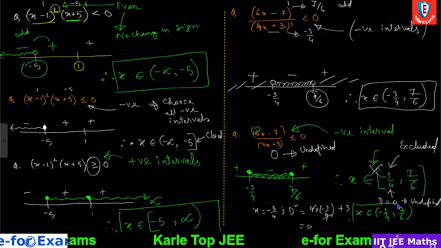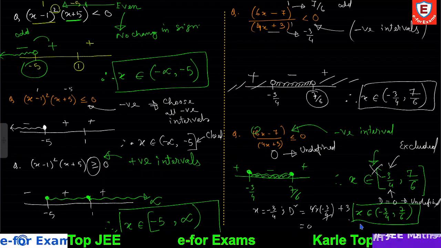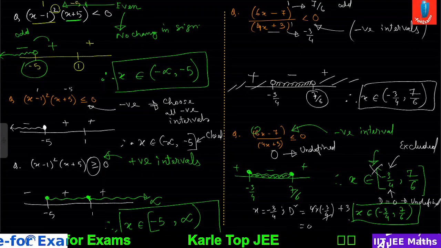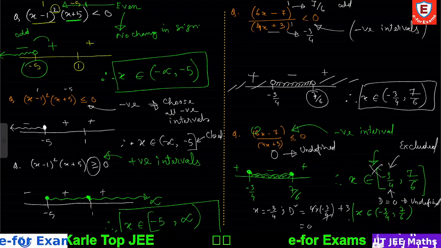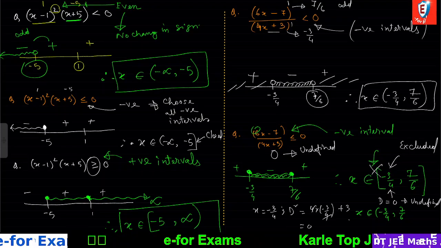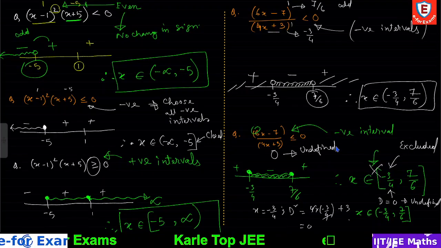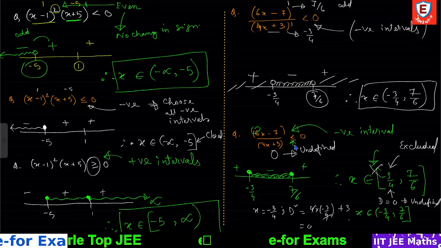This is the answer. No, sorry. Here 7 by 6 will be closed, right? 7 by 6 will be closed here because of less than or equal to.